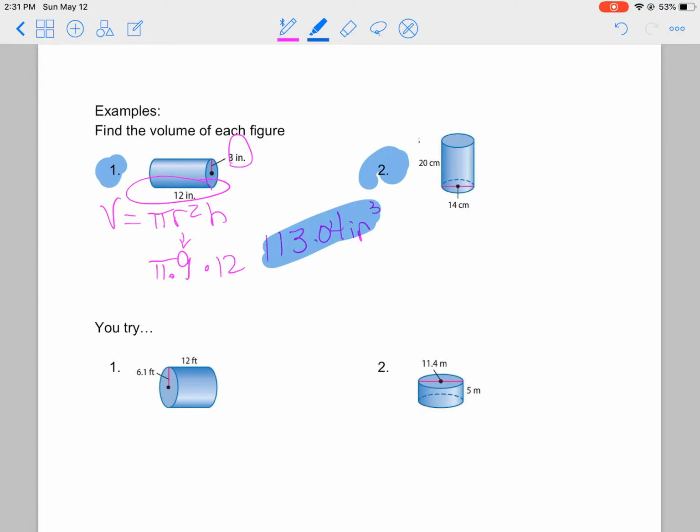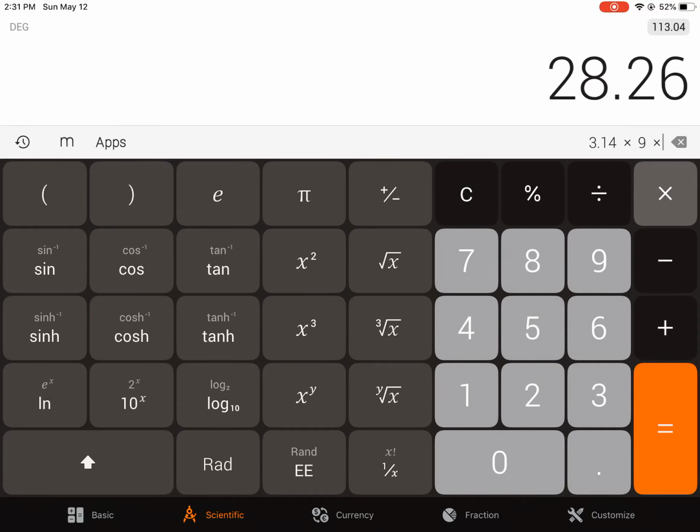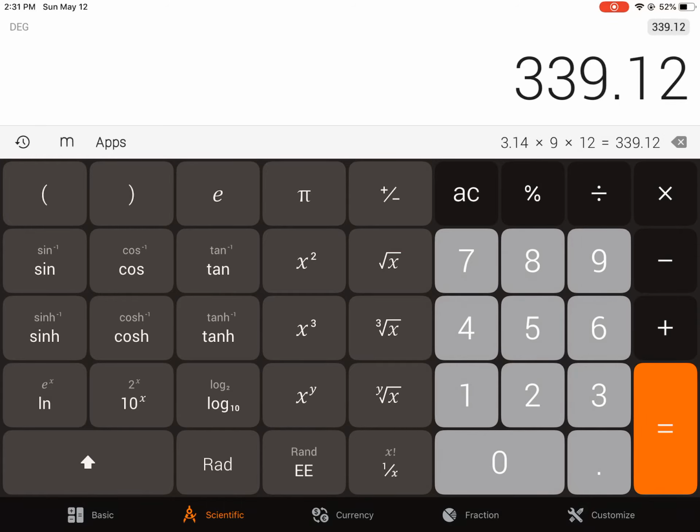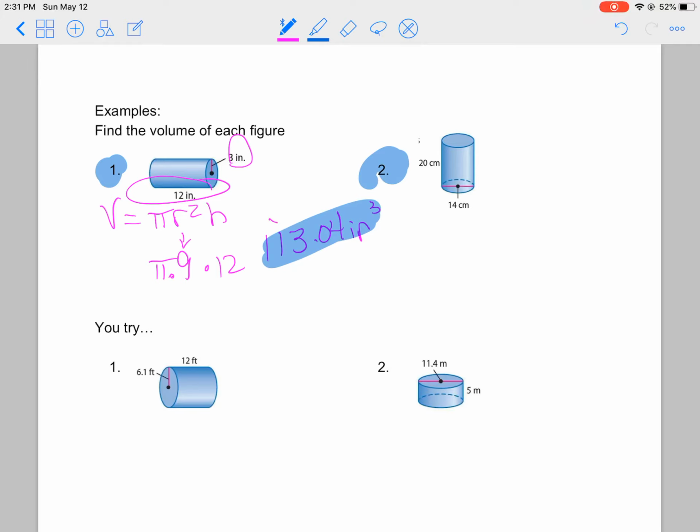Let's go see what I did wrong. 3.14 times 12. Oh, I forgot to square the radius, didn't I? Look at that. So let's do that again. 3.14 times 9 times 12 is 339.12. There we go. That's better. Hopefully you were calculating it too and you checked me. 339.12 inches cubed. There we go. That's better. All right, let's go to the next one.